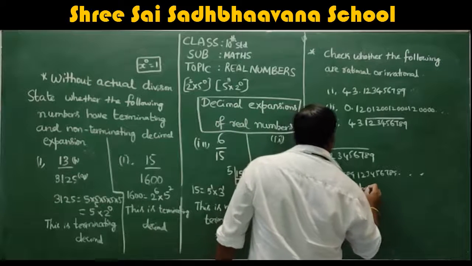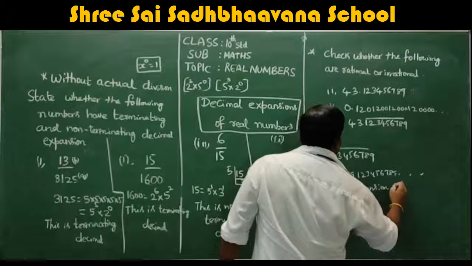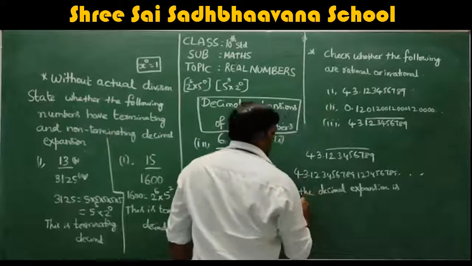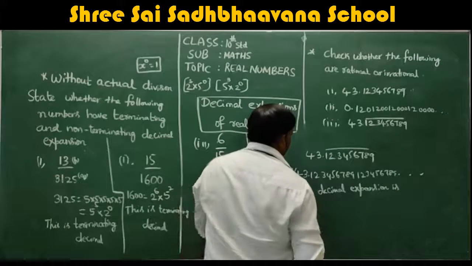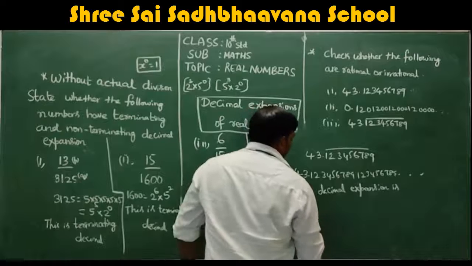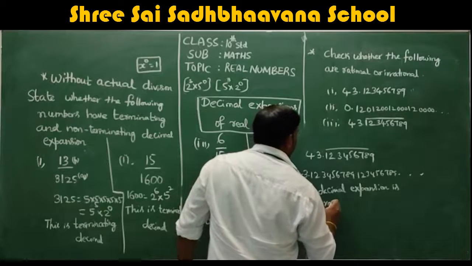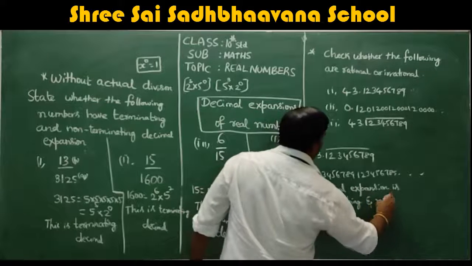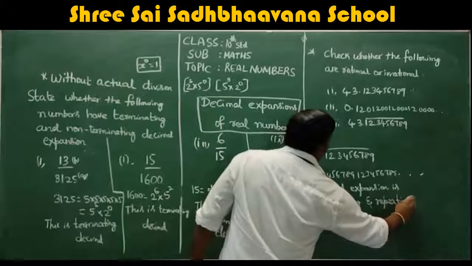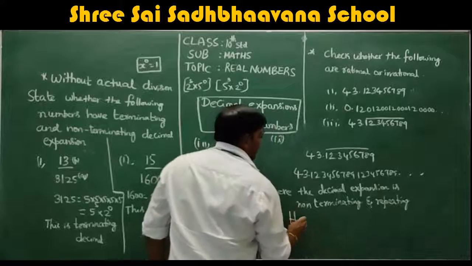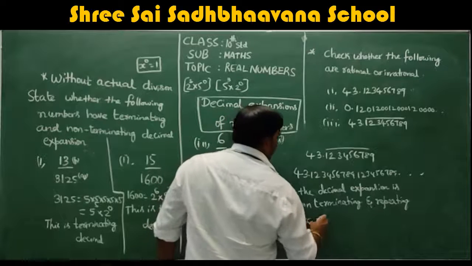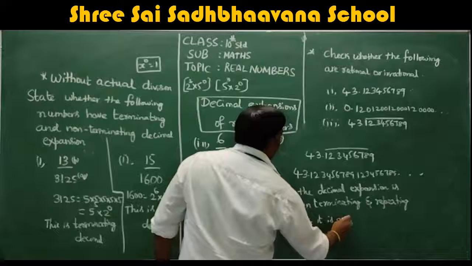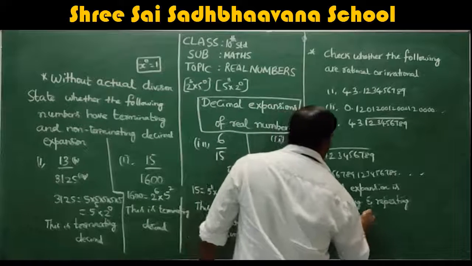Here, you have to write the steps properly: the decimal expansion is non-terminating and repeating. Remember, non-terminating and repeating. Hence, it is a rational number, correct?